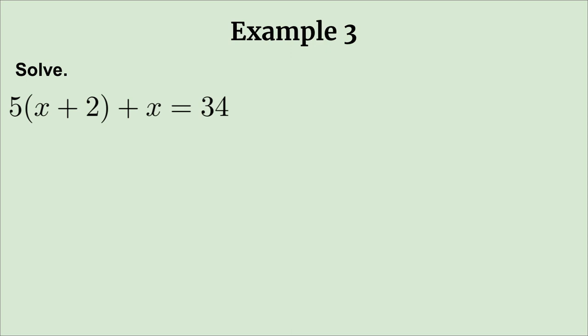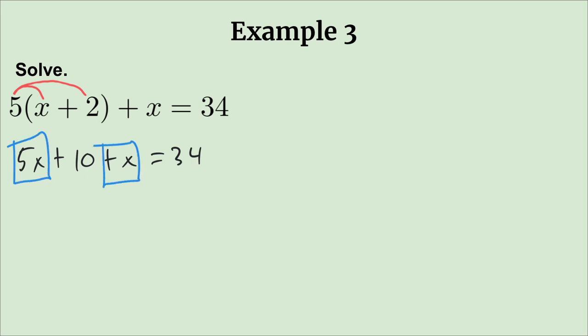Here we're solving for x, so we're going to start by distributing this 5, which means we take it and multiply it by the x, and we multiply it by the 2. So we'll get 5x plus 10 plus x equals 34. Combine like terms here, so these x's are on the same side of the equal sign.